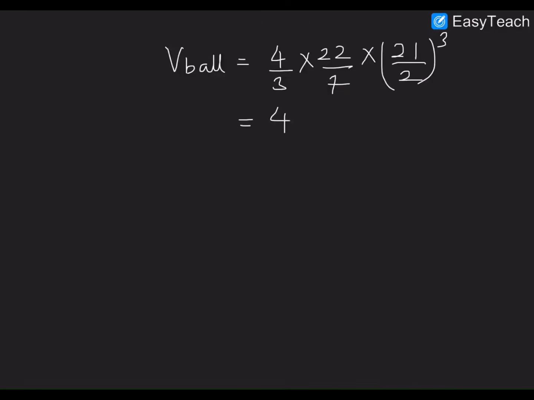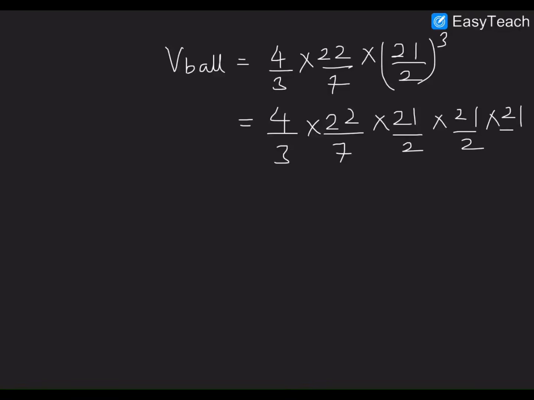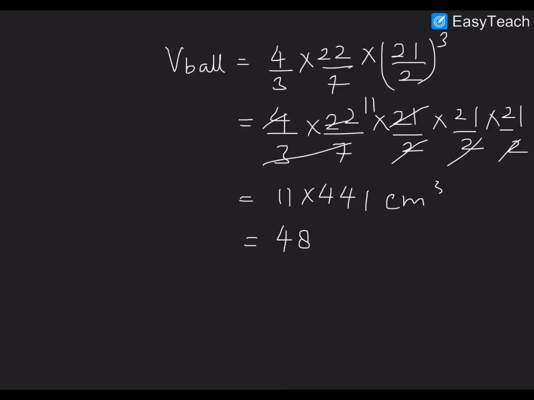Opening this, 4 by 3 into 22 by 7 into 21 by 2 into 21 by 2. 7 3 21, 21 cancel out, and this will be 11. So 11 into 441 centimeter cube is the volume of the ball, which comes out to be 4851 centimeter cube.